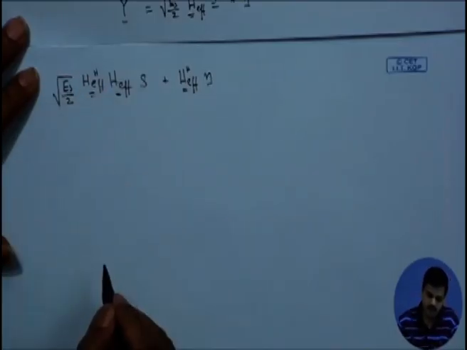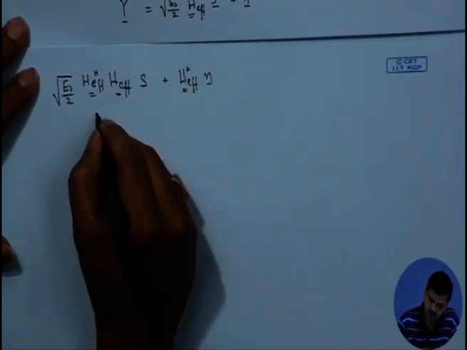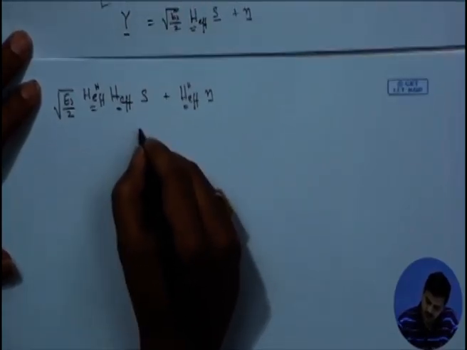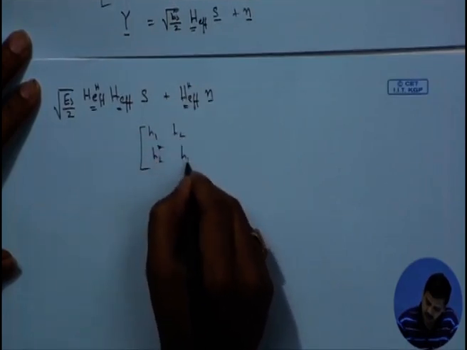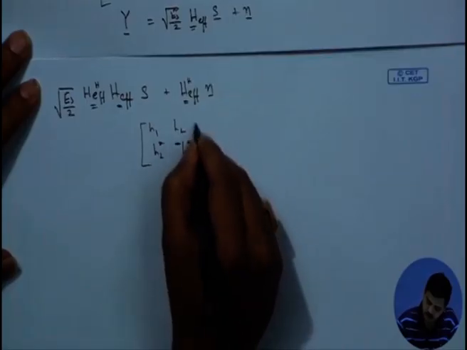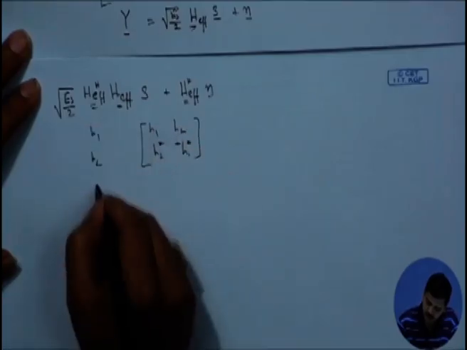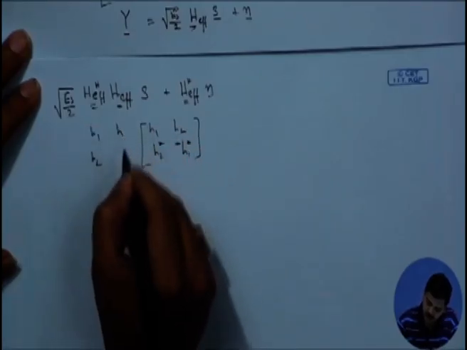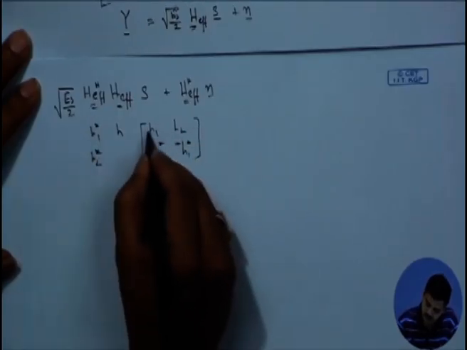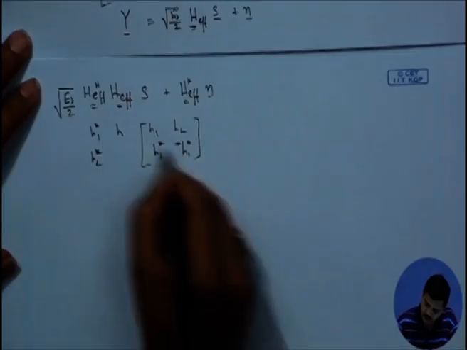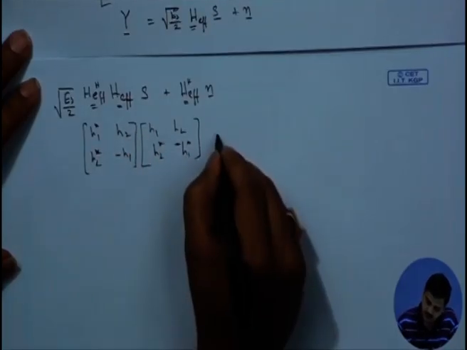So we are multiplying this particular coefficient. If you expand this, let us first write down h1 h2, h2 conjugate, h1 conjugate with a minus sign. The Hermitian of this would be h1 conjugate h2 conjugate, h2 and minus h1, since there is a conjugate transpose: this row becomes this column, this row becomes the next column, times s and so on.